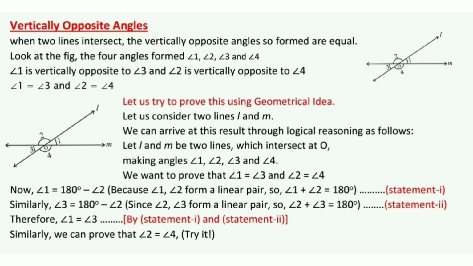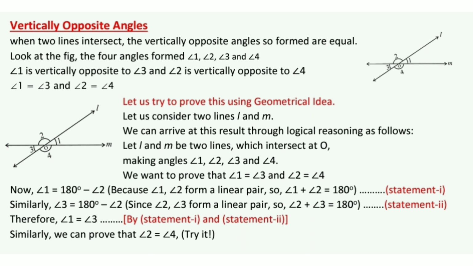Now angle 1 is equal to 180 degree minus angle 2 because angle 1 and angle 2 form a linear pair. So angle 1 plus angle 2 is equal to 180 degree. Correct? That is statement 1. Now similarly angle 3 is equal to 180 degree minus angle 2, since angle 2 and angle 3 form a linear pair, so angle 2 plus angle 3 is equal to 180.